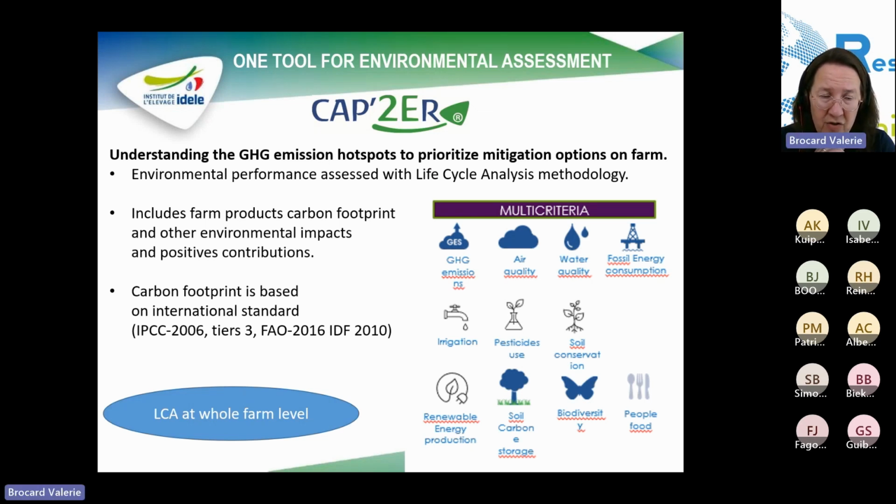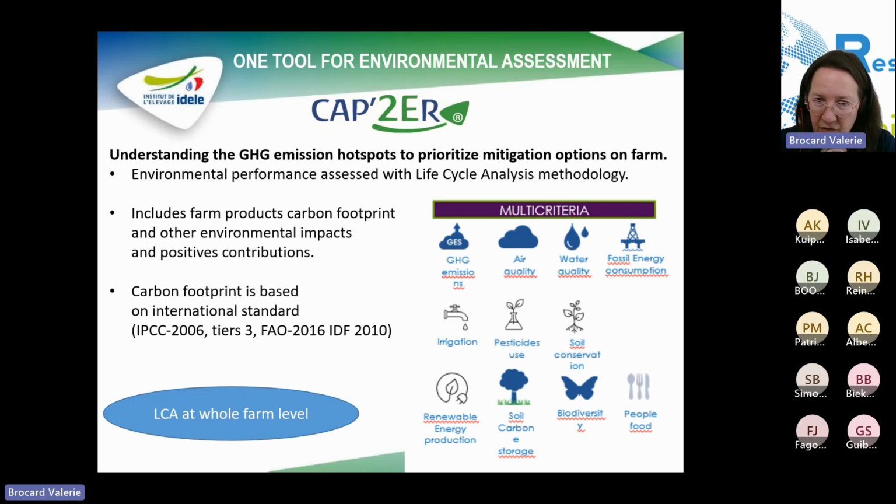The aim of this tool is to understand the GHG emission hotspots to be able to prioritize the mitigation options on a farm. It's based on a life cycle analysis methodology. It's not only assessing the carbon footprint, but it's also assessing other environmental impacts and positive contributions for the farmer.